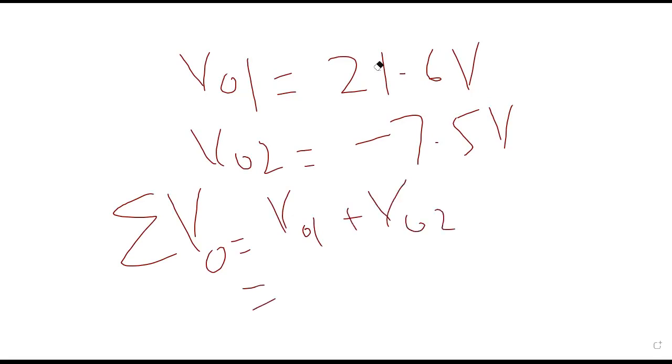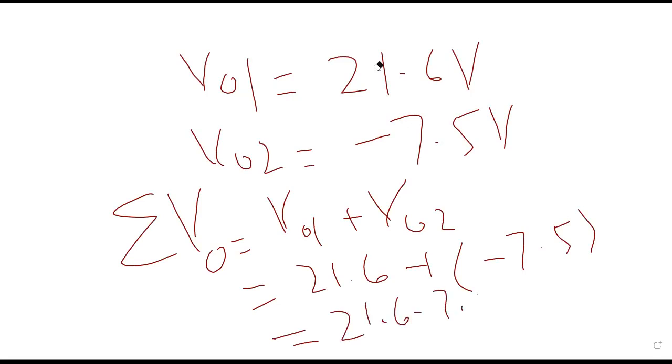So this value must be 21.6 plus negative 7.5, so plus minus is minus, so 21.6 minus 7.5 equals 14.14.